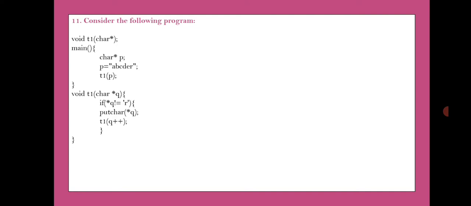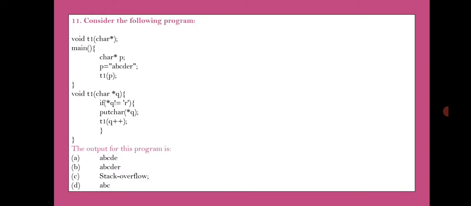If q not equals to r, putchar q, t1 of q plus plus. The output of this program is: A, ABCDE; B, ABCDER; C, stack overflow; D, ABC.